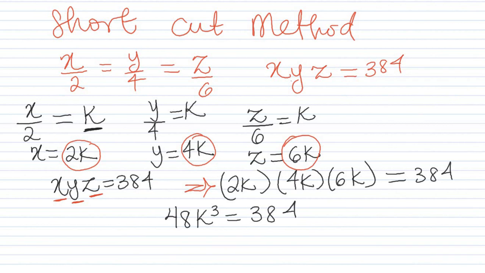Hence we can go on to isolate k cubed. So we have k cubed to be 384 divided by 48.